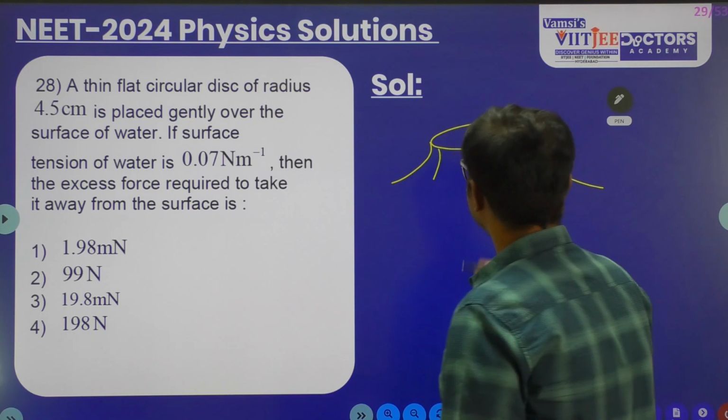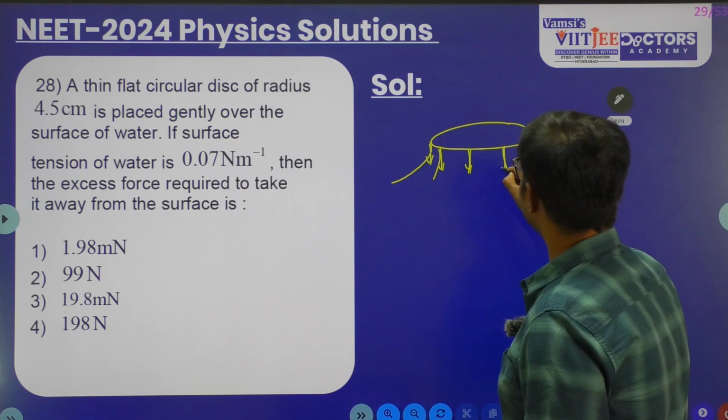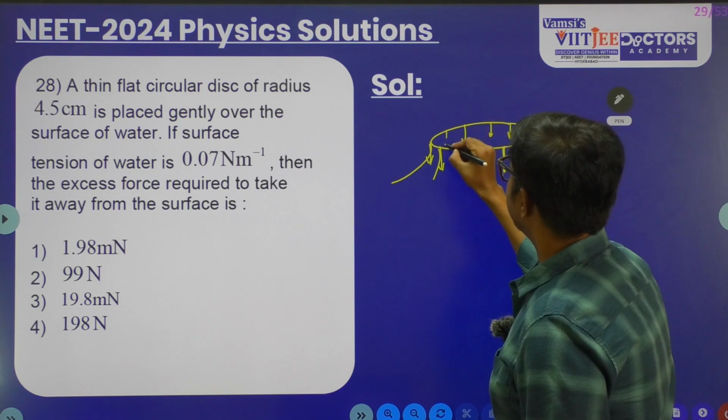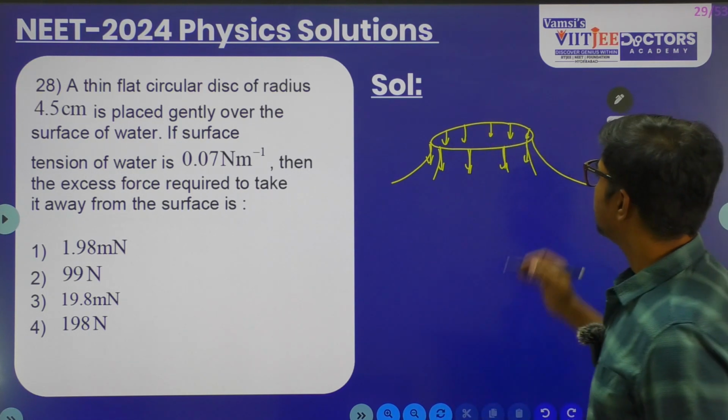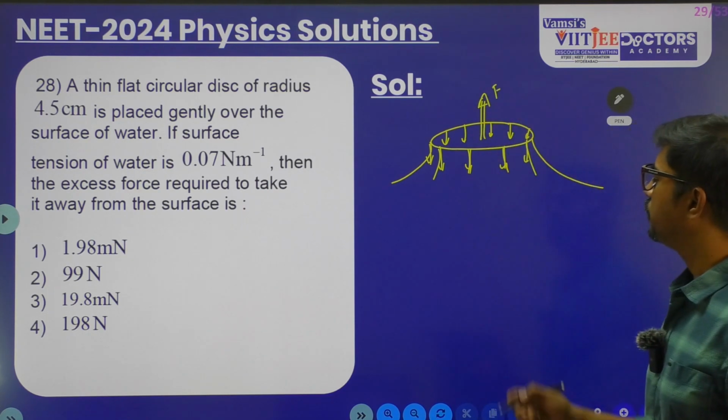Because of that, there will be a surface tension force pulling it down all along the perimeter, that circumference. So the force you apply has to be more than that surface tension force.